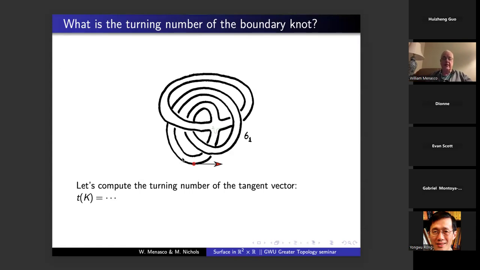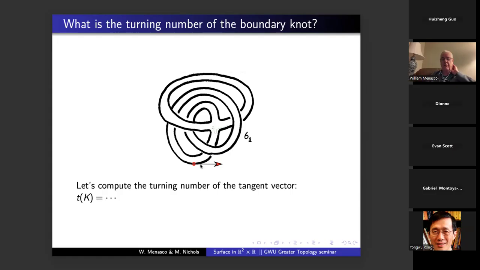What I do is I take the boundary and I orient it, and I'm going to compute what's known as the turning number, here little t of the knot K. One method of doing this is to pick a point where the tangent line is horizontal, and then sweep out along the boundary, and every time you come to another point where the tangent line is horizontal, you check whether you reverse the orientation.